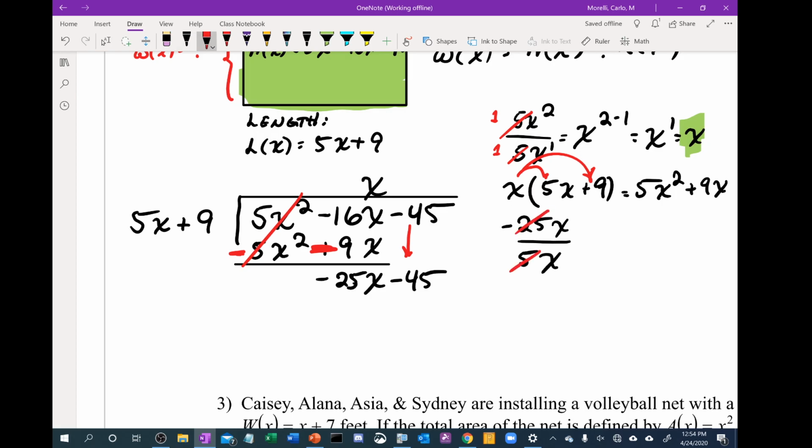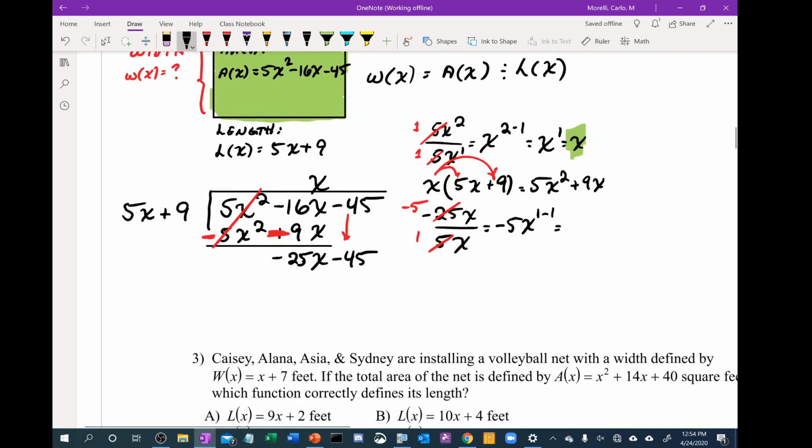Reducing the numerical part gives me negative 5 in the numerator and 1 in the denominator. So I have negative 5x to the 1 minus 1 gives negative 5x to the 0. The 0 exponent rule tells me x to the 0 is 1, so it's negative 5 times 1, which is just negative 5.